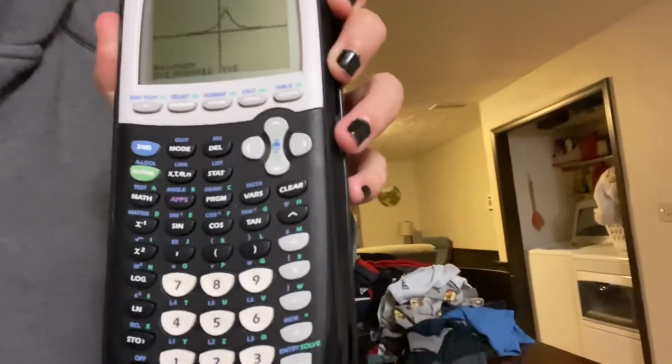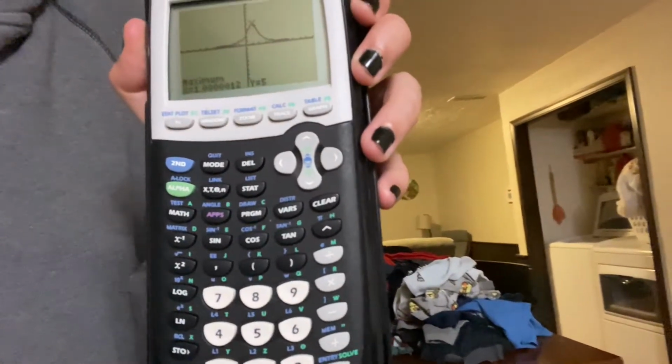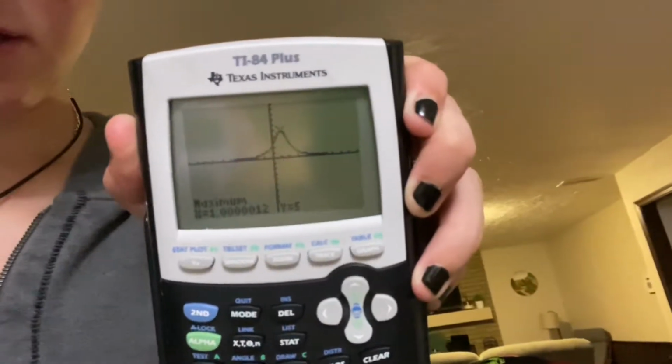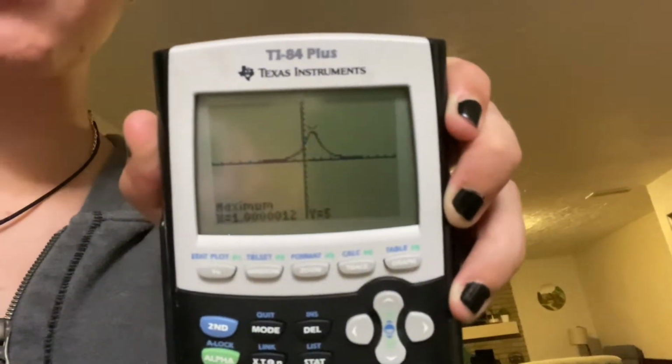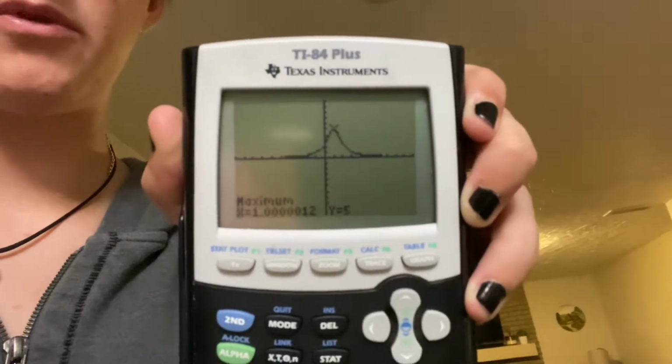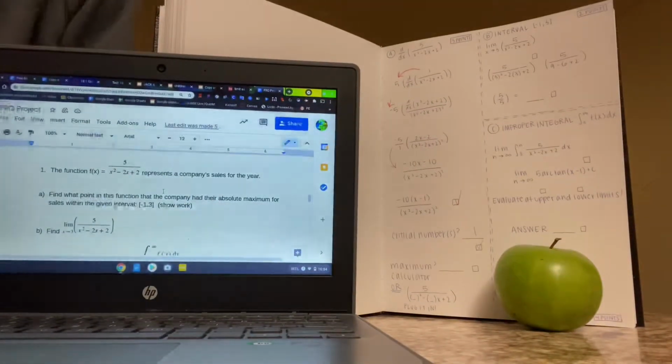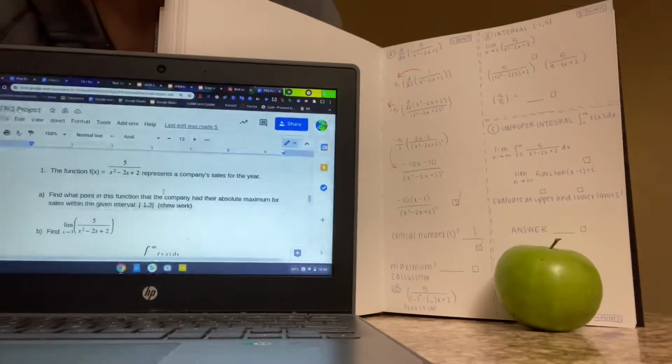It's right above the trace setting, to find the maximum for the equation, which would end up being 1,5. But technically, to find this without a calculator, you would just plug 1 into the equation.